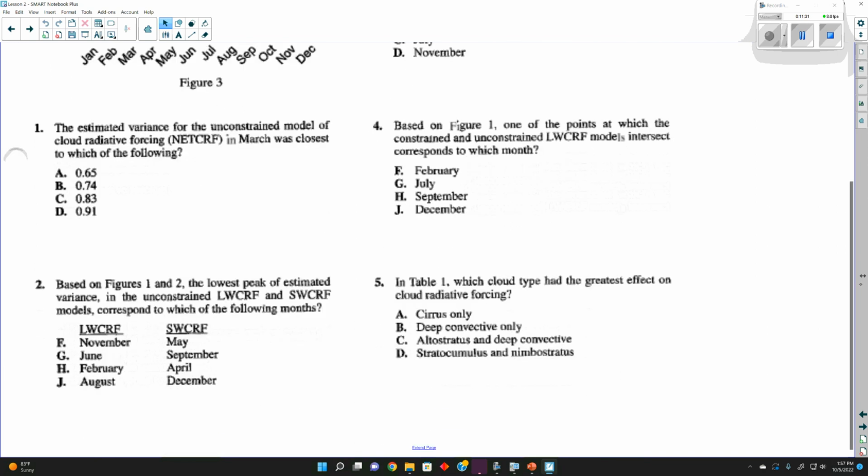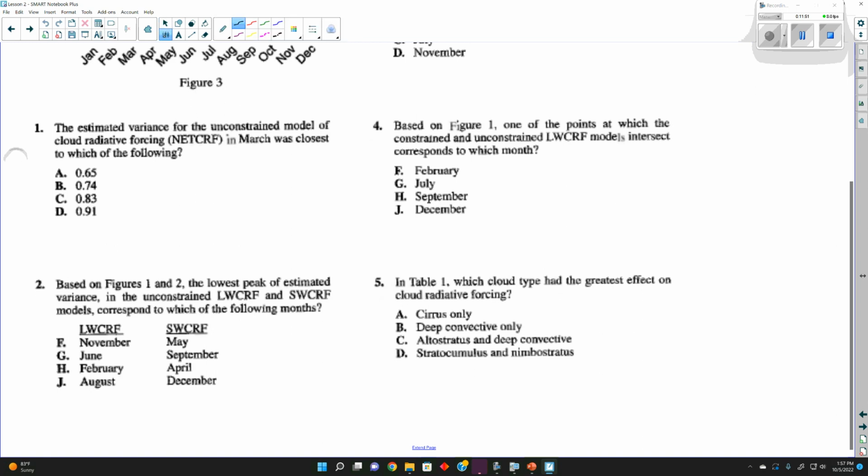We have these 2 passages here. Now the first one, again, is talking about clouds. This is to which of the following.